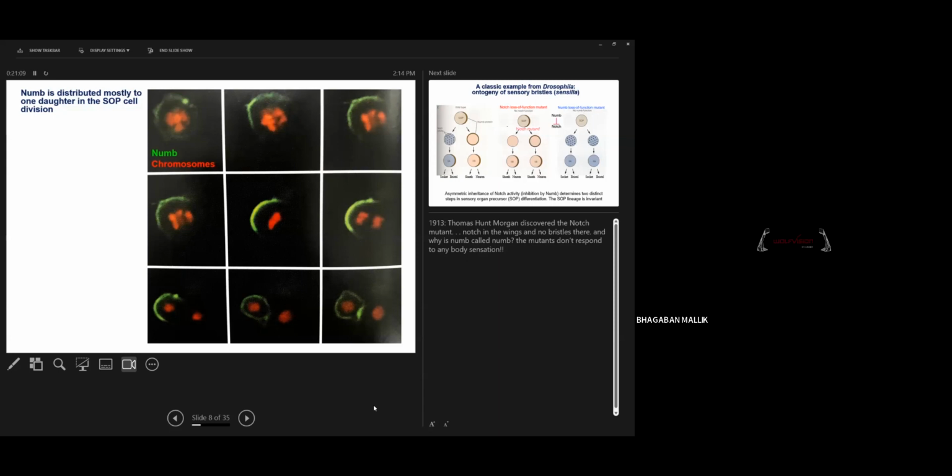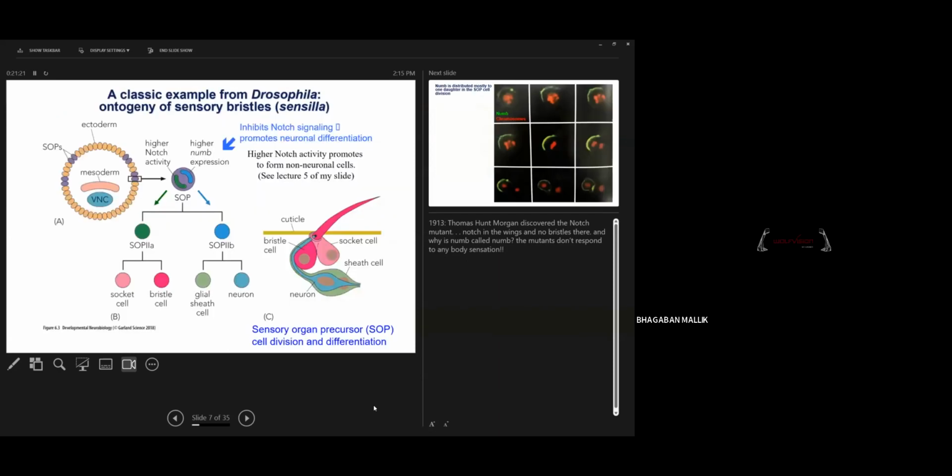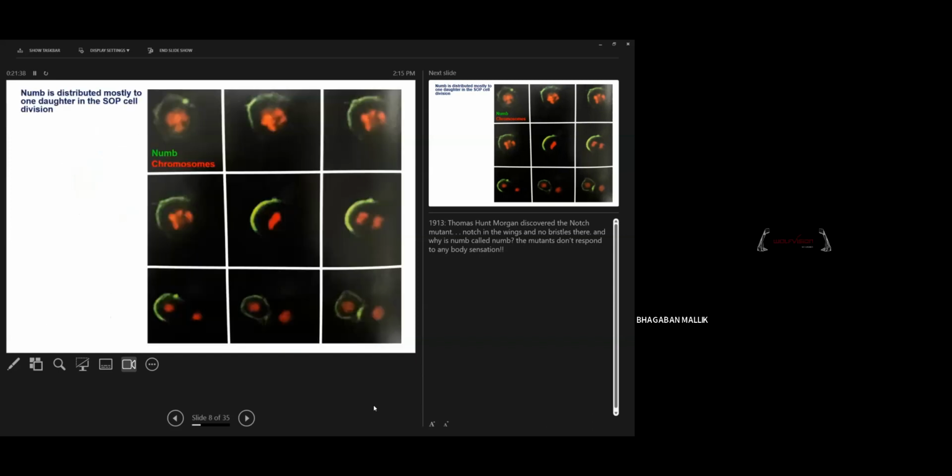Here NOM is distributed mostly in one daughter cell, so that one daughter cell of the SOP can produce neuronal or glial cell types. This daughter cell has a higher concentration of NOM, and the other cell does not have NOM. So this cell becomes a non-neuronal cell, and this cell becomes a neuronal cell, which is shown here.